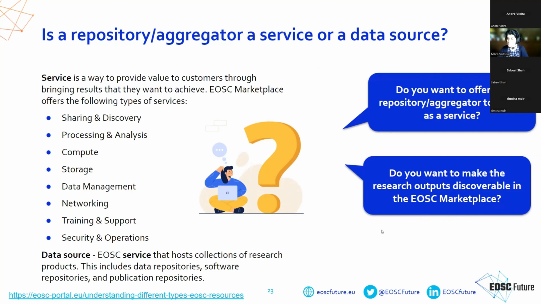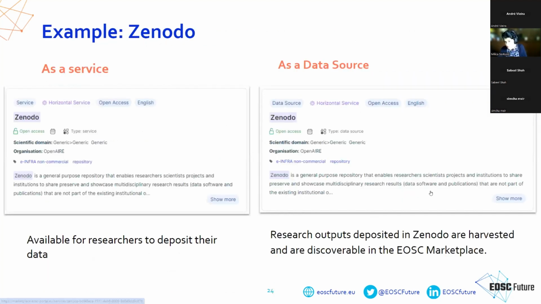So actually, when onboarding, you indicate that it is a data source, and then follow the procedure that will be explained later by Andre. The example of a repository that is both at the same time is Zenodo, because it's offered to researchers as a service, but also the records from Zenodo are available in the marketplace. So I think it's quite clear. It can be both, but it depends on what you want.